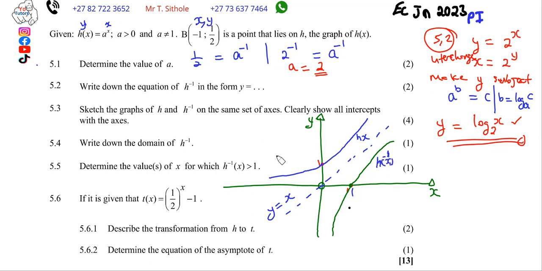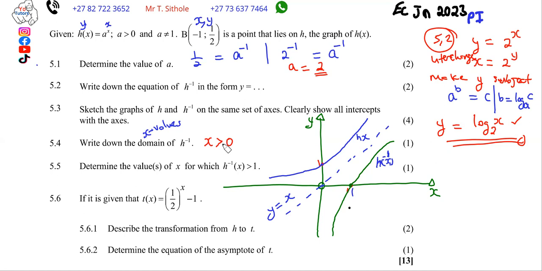Once you draw this, you get all your marks. Now, write down the domain of the inverse of h. Domain is x values, so we are worried about the x values here. The x values approached by the inverse are from 0 up until infinity. So the answer there should be x greater than 0.